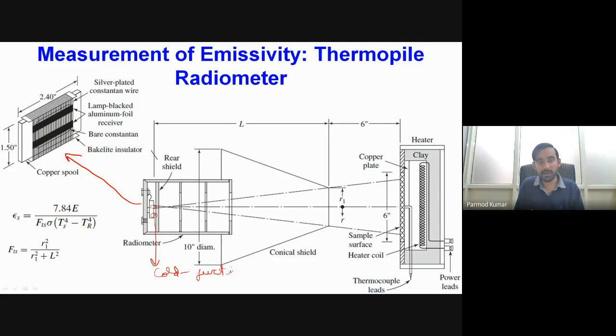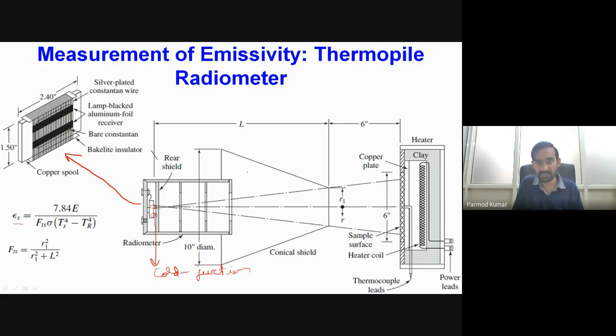As this arrangement acts as a thermopile, with the help of the EMF we will determine the temperature of this hot junction. Once we know the temperature of this sample as well as the temperature of this hot junction, we can determine the value of emissivity.